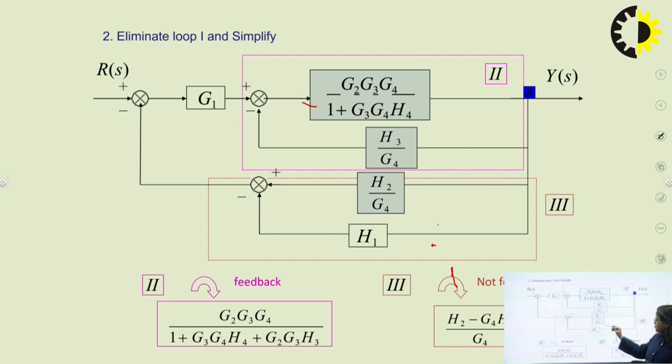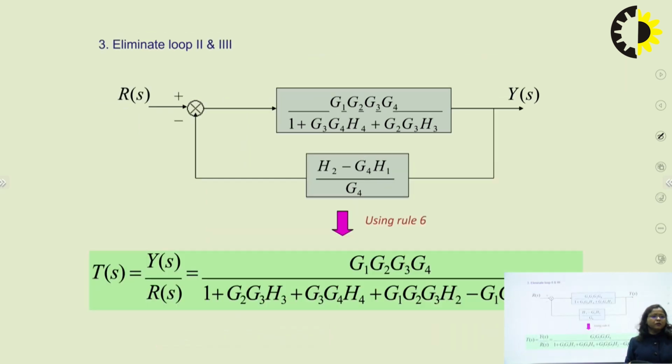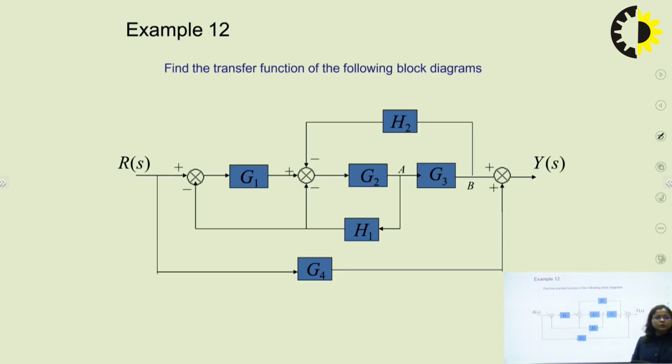Then these two paths will be added, H2 by G4 minus H1. So this will be the feedback, and we will solve it to find out the overall function. So I hope all the rules of BDR are quite clear to all of you. We can take a few more examples here.